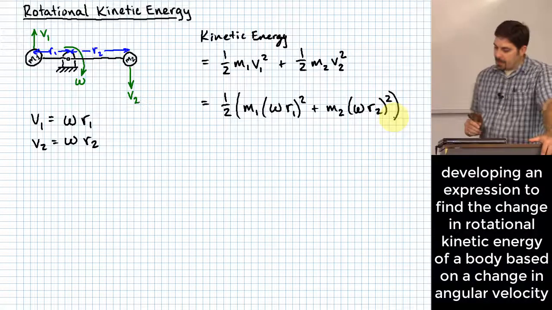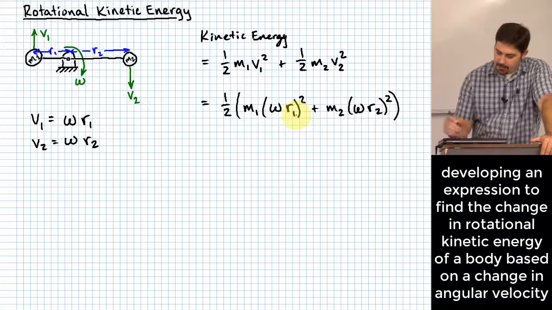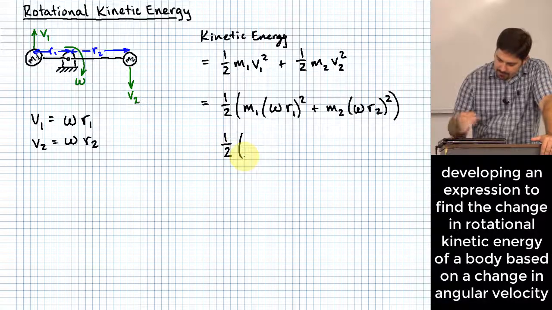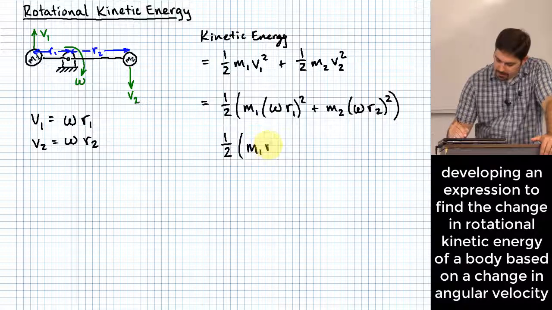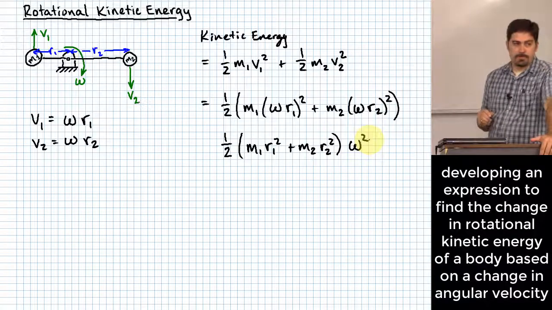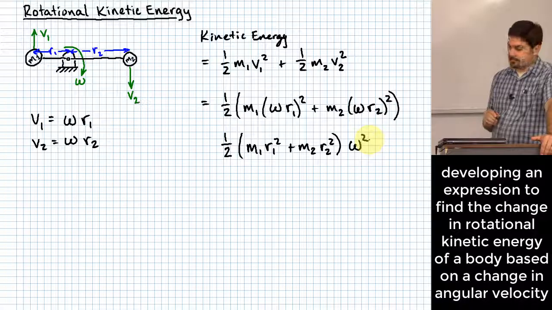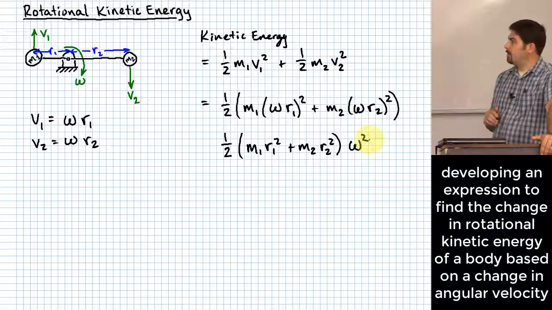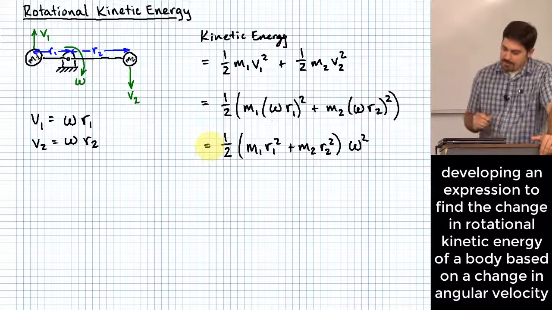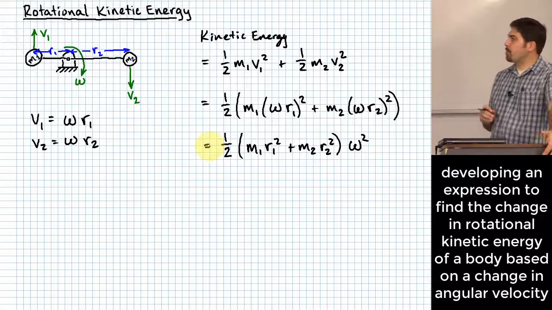Now if I actually do those squarings of omega R1 and omega R2, it allows me to set this up as M1 R1 squared plus M2 R2 squared, all of this times omega squared. How's that interesting? Well, I did this for two different particles.